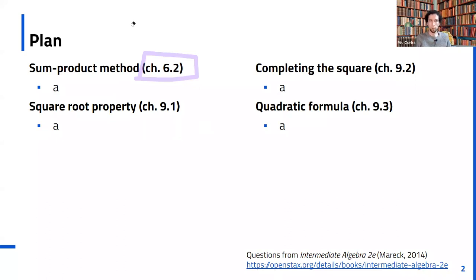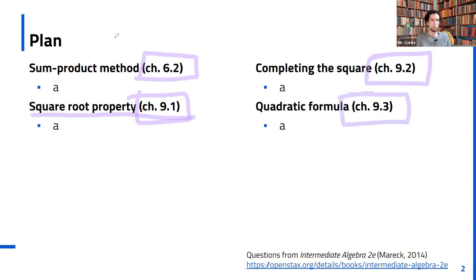If you can take a direct square root, then that's using the square root property. Chapter 9.1 has a bunch of those. If you have all three terms, 9.2 has completing the square and a bunch of examples. And also, if you have all of them, chapter 9.3, which I mentioned, is actually just completing the square, a formula version of it, because that's where the formula comes from.